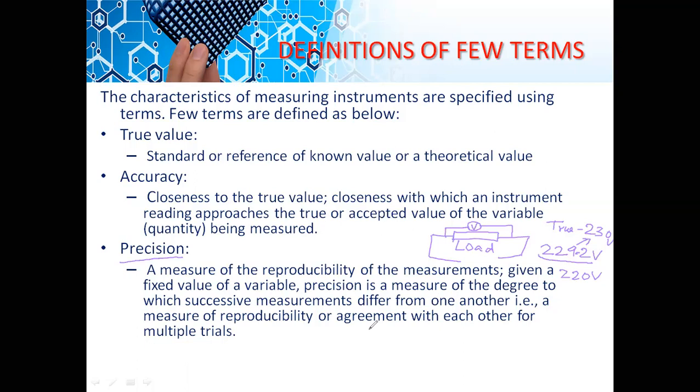Say, for example, we are in a lab and we are trying to check the functioning of the voltmeter. Same circuit we'll look into. I am with three of my friends. So first I tried checking out the voltage across the load and I got the reading of 229 volts.